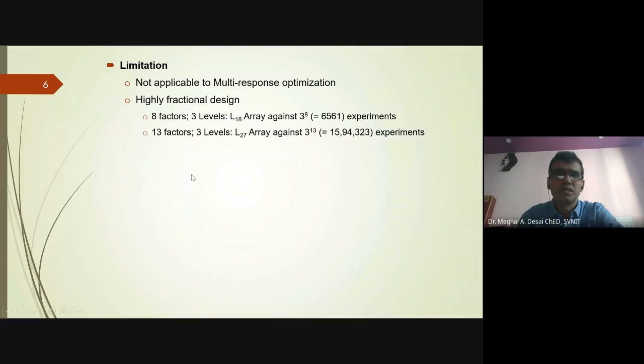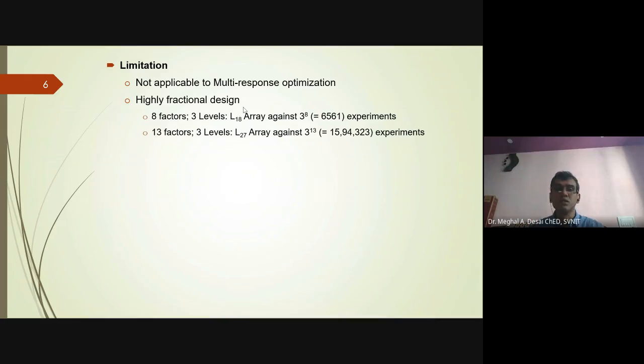What I mean to say is that if I have 8 factors and 3 levels, as per Taguchi design, I need to perform only L18 against full factorial design, which is giving around 6,500 experiments. And if I take the second case, 27 experiments against around 16 lakh experiments. So the second limitation we cannot overcome.